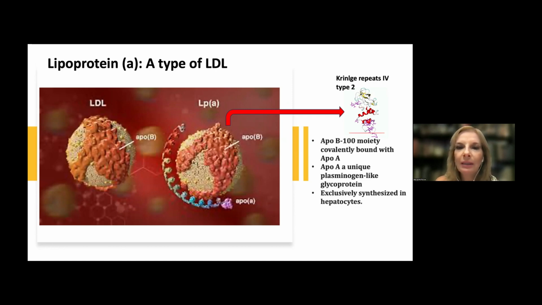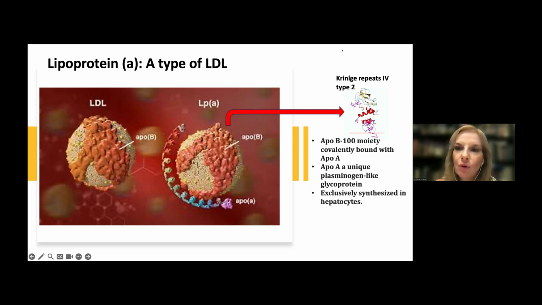Important sites in these particles are the folds called kringle repeats, type 2 folds, which are very crucial in the activity of this particle, in its pathophysiologic role, and in the way it interacts with other components and receptors.